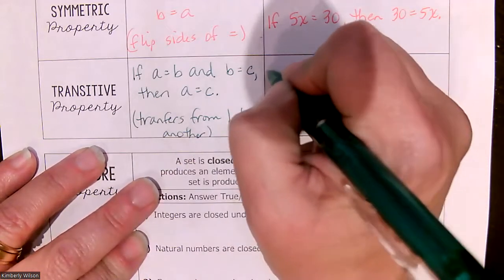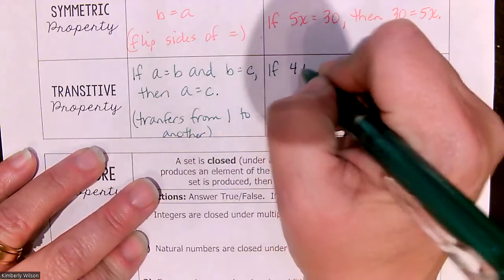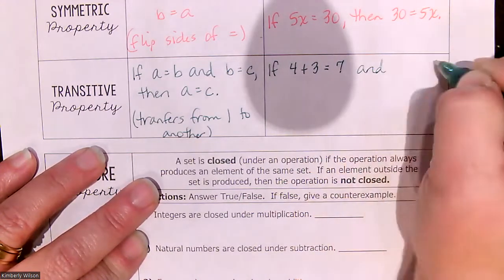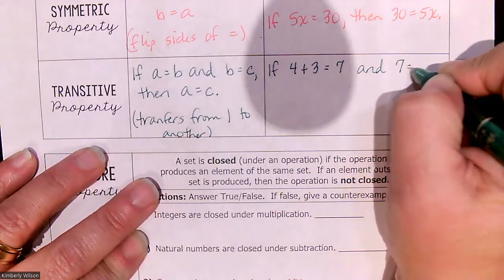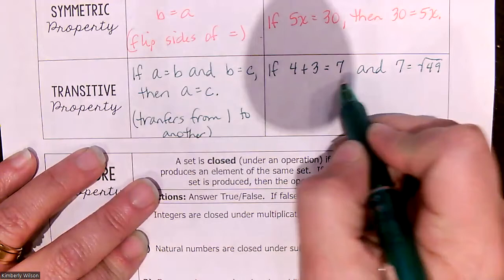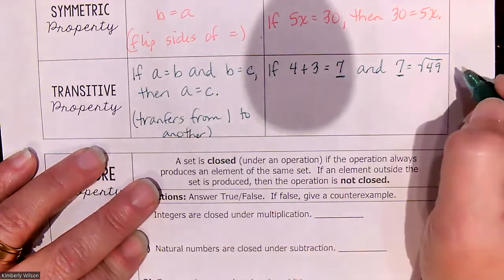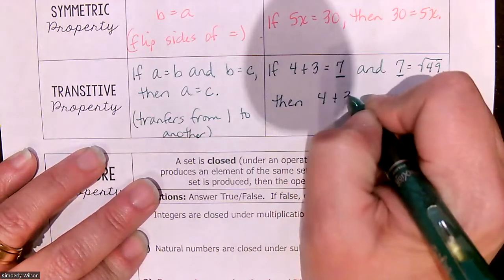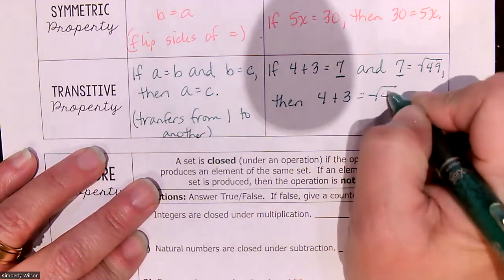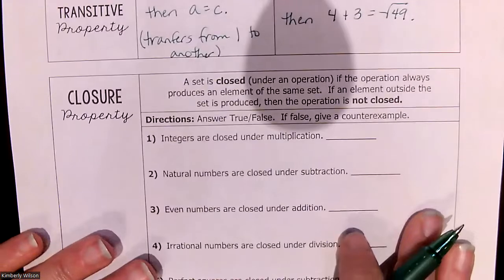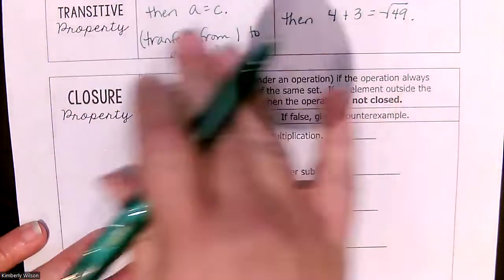So mathematical examples are, if 4 plus 3 equals 7 and 7 equals the square root of 49, they're both equal to 7. So then 4 plus 3 can equal the square root of 49. Period.